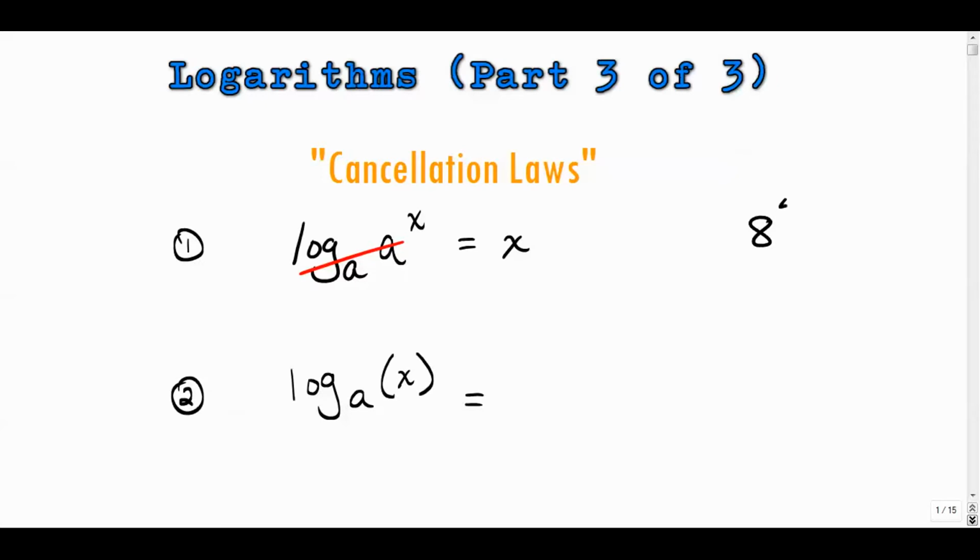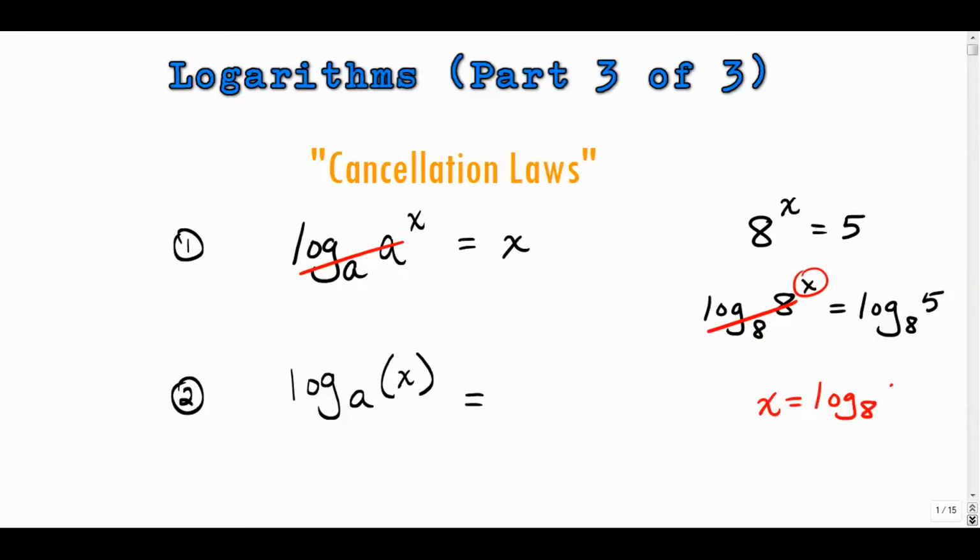So if you had 8 to the x equals 5, like I showed you a few seconds ago, you would take log base 8 to both sides. By taking log base 8, these cancel out, leaving you just with x equals, and then in your calculator you would just hit log base 8 of 5 and get your answer.